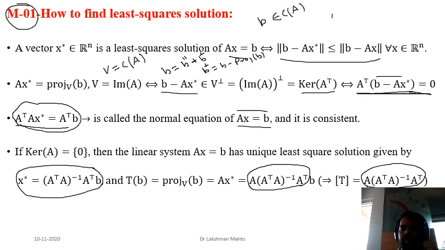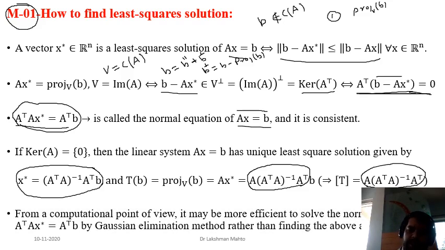The first step is that B is not in the column space of A, so you project B onto the column space of A. The next question is what the matrix of that projection is, and the matrix of that projection is this one. So you got the matrix of projection as well, and it has applications. That's why I'm talking about this.